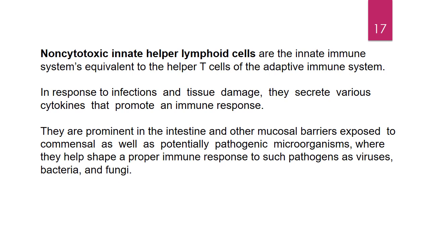In response to infections and tissue damage, they secrete various cytokines that promote an immune response. They are prominent in the intestine and other mucosal barriers exposed to commensal as well as potentially pathogenic microorganisms, where they help shape a proper immune response to such pathogens as viruses, bacteria, and fungi.